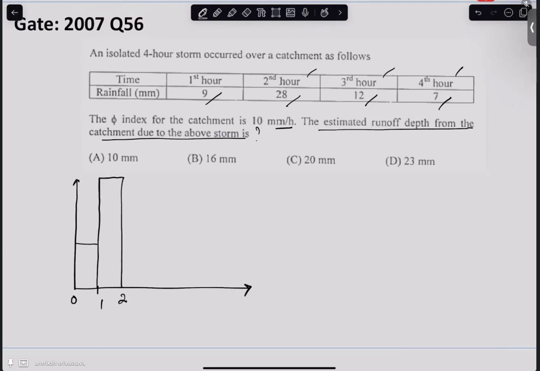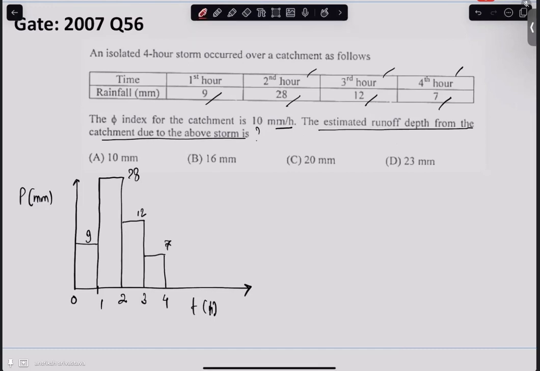Then the third hour, we have less precipitation, 12 mm. And the fourth hour, we have the smallest precipitation, 7 mm. So this is the time in hours, and this is the total precipitation in mm: 9, 28, 12 and 7.